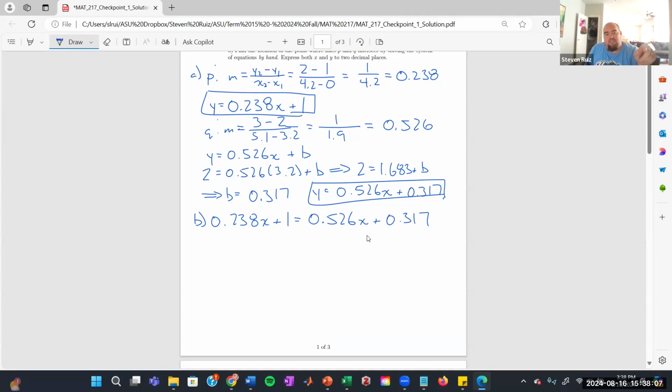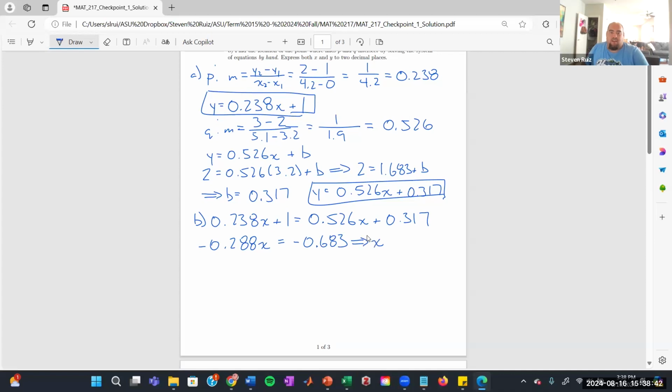So basically I'm going to get all my x terms on the left first. So if I subtract 0.526x from both sides, I get 0.238 minus 0.526. So I get negative 0.288x, which is equal to 0.317 minus 1, negative 0.683.